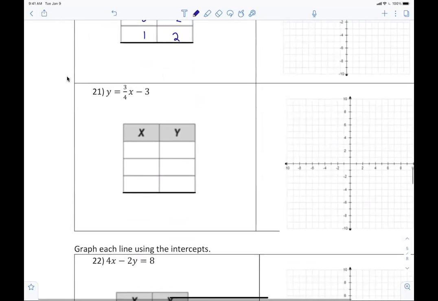All right, now on 21, what numbers do I plug in? Because we're dividing by 4, it's easier if you plug in numbers that are divisible by 4. And when we plug in -4, 0, 4, we get what? -6, -3.